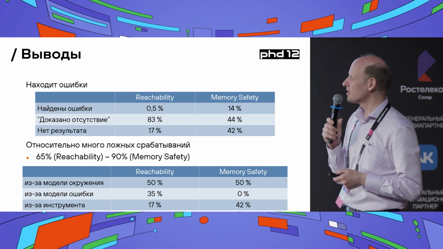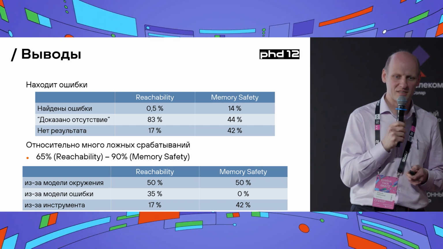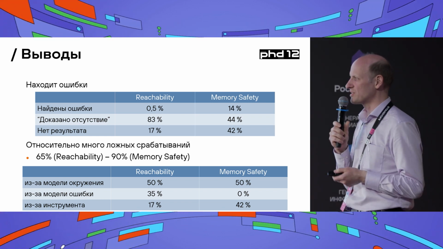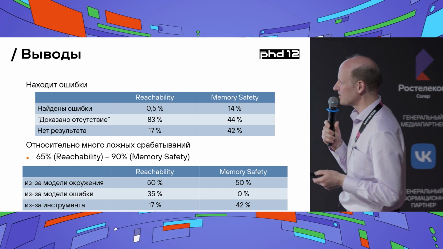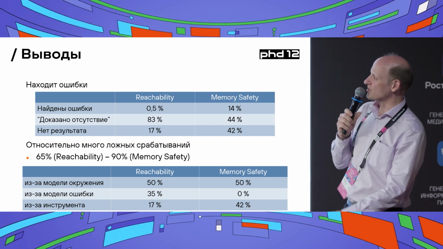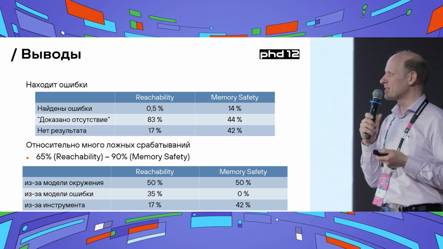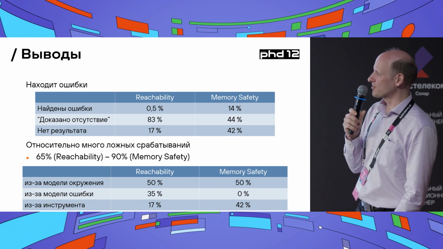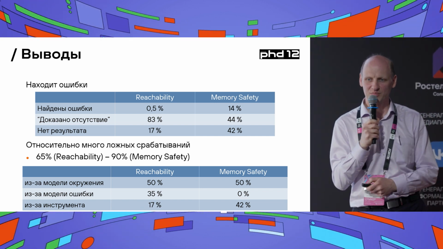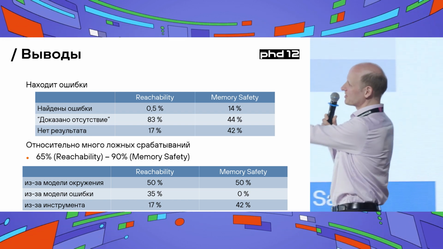For example, two classes: reachability, the approach of incorrect usage of API, and memory safety, typical errors. The statistics is different. We found errors. So in the second line, the absence of the error is proved.